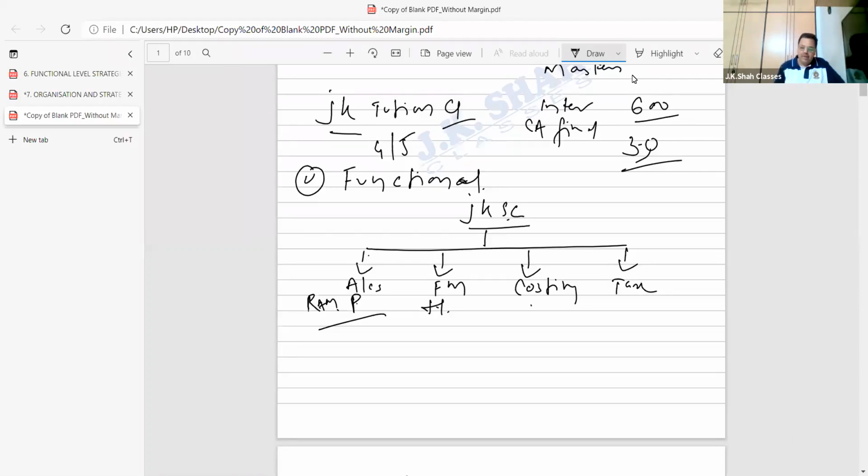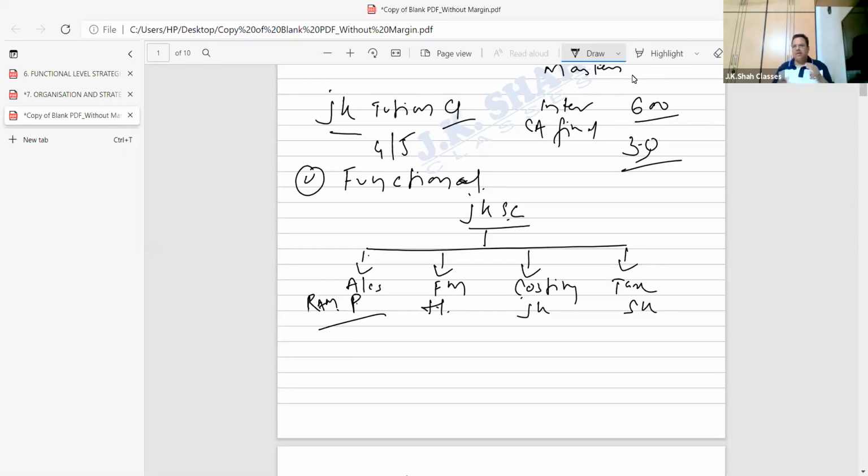JK sir says I'm comfortable in teaching costing. Shahrukh sir is one, he says I'm comfortable in teaching tax. So what happened? Structure got changed from simple, it became a functional structure.